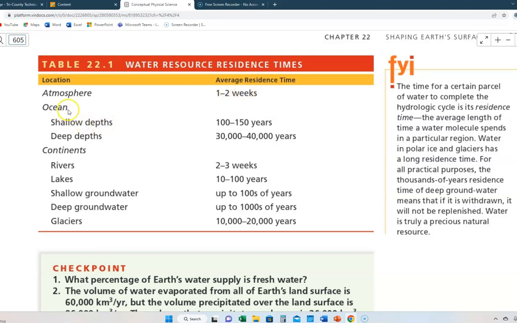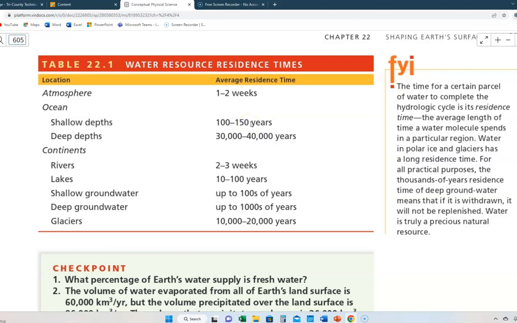The water in the oceans, in relatively shallow depths, so you're not going down thousands of meters or whatever, exists there for anywhere from 100 to 150 years. Remember, these are average values.